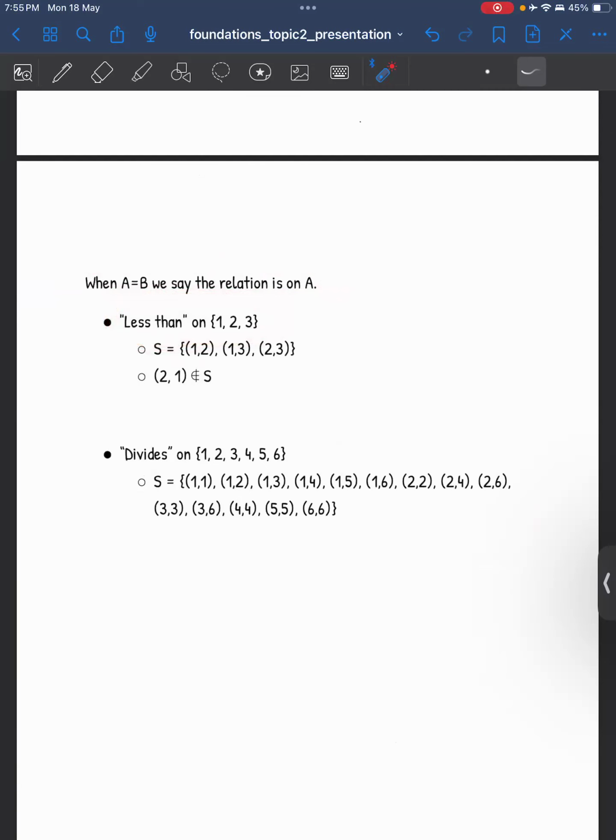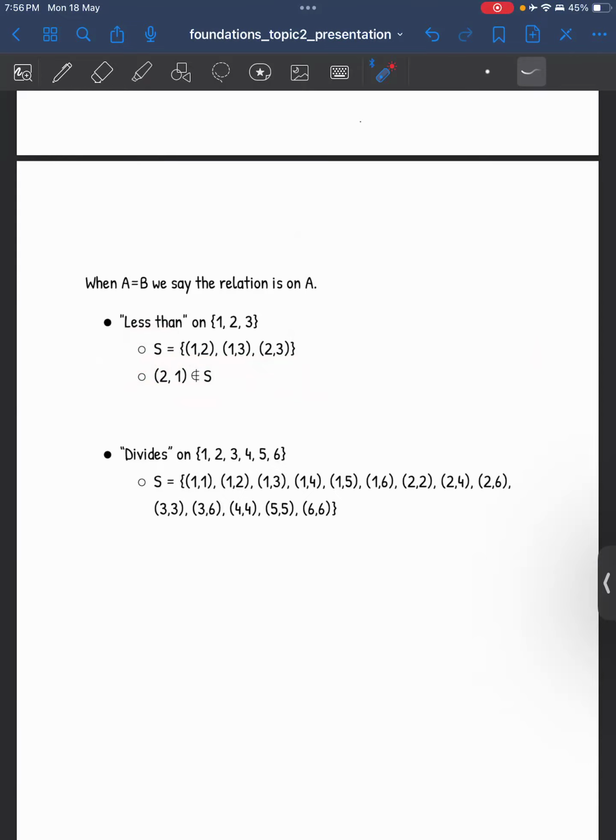The relation has three pairs: (1, 2) because 1 is less than 2, and similarly (1, 3) and (2, 3). (2, 1) doesn't belong to this relation because 2 is greater than 1. Even (2, 2) doesn't belong to S because 2 is equal to 2, and this says strictly less than.